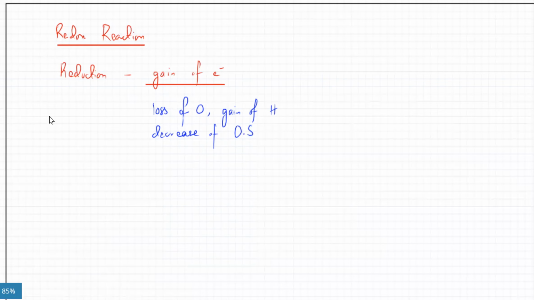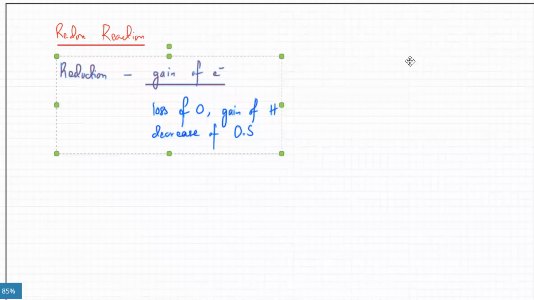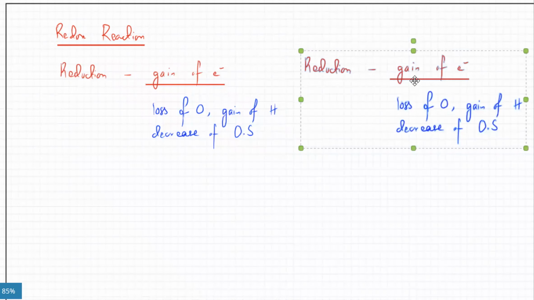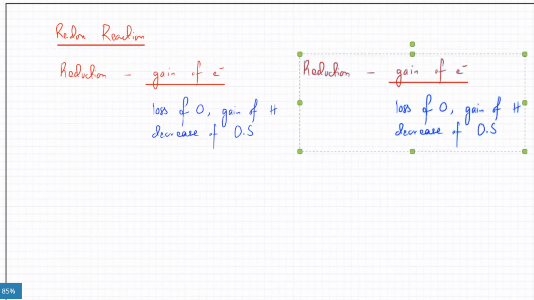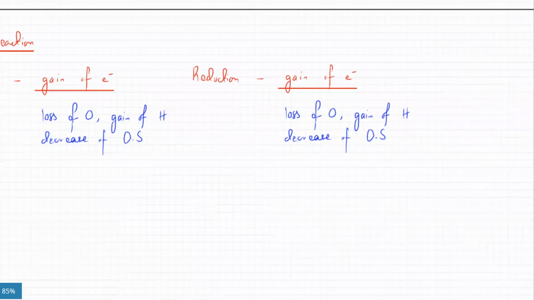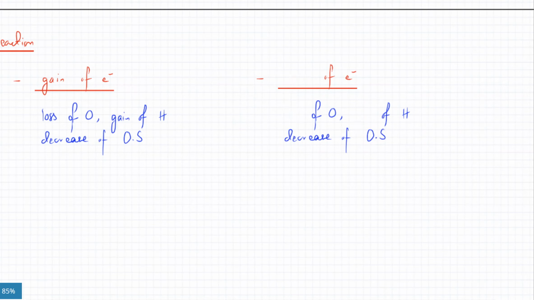And oxidation is exactly the opposite. So if we talk about oxidation, let me rub this off. All I need to change is these words: loss, gain, decrease. So what is oxidation?